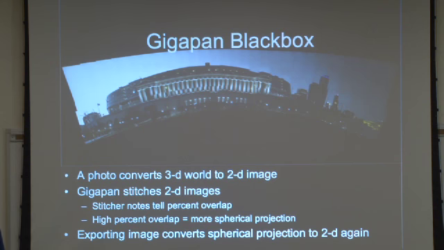The Gigapan stitcher then takes a bunch of those two-dimensional images, stitches them together, and in many cases it's projecting that flat image into a spherical projection. And this becomes obvious when you stitch the image and you can zoom in and out. You can see the curvature of the image. This is before you export it as a TIFF or a RAW file. So it's really a projection of a flat image that was taken from a three-dimensional world.